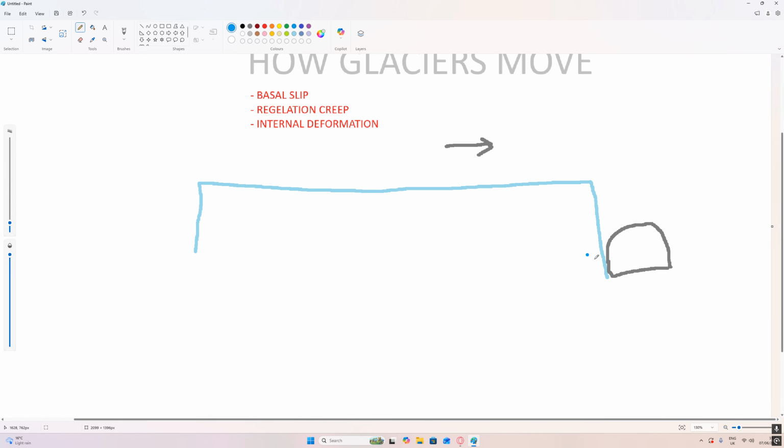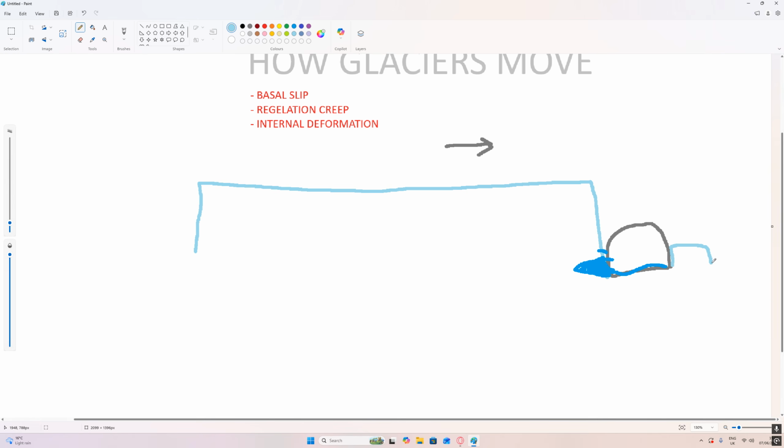So what happens is pressure builds up here, meaning that meltwater forms, because as pressure builds up, heat builds up. Pressure and friction means heat, right? So heat causes meltwater to form, and as the meltwater forms, it finds ways around the rock, and when it gets around the rock, pressure falls very quickly, and because outside temperatures are so cold and the pressure's fallen, that means that basically the water will refreeze.